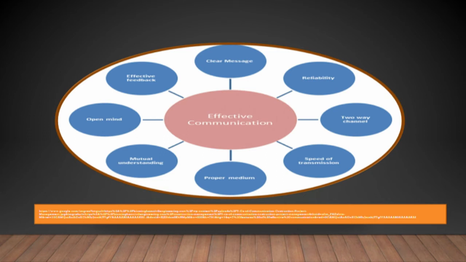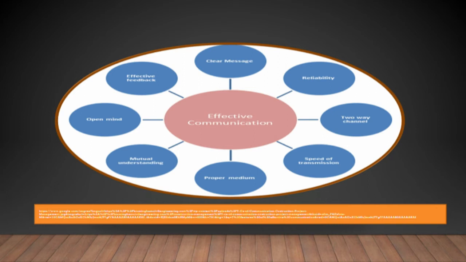This image, my friends, is of effective communication. How does this happen? You see, the first point is it should be clear. That means the message should be clear. Second, it should be reliable. Third, it should be of a two-way channel.